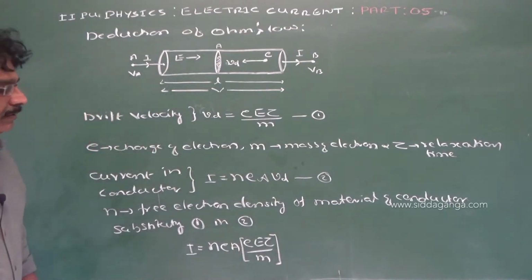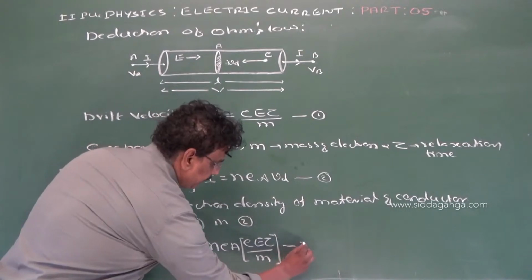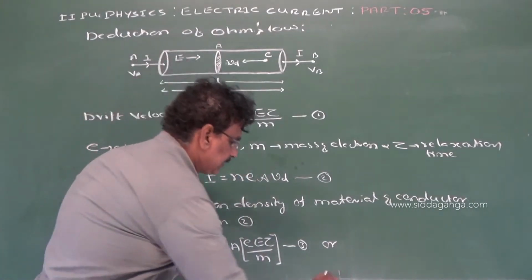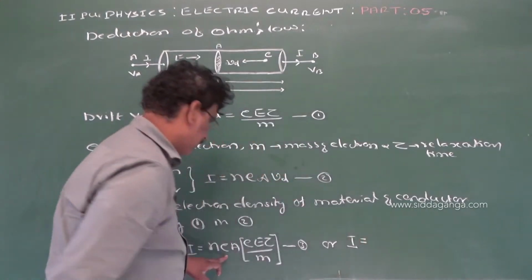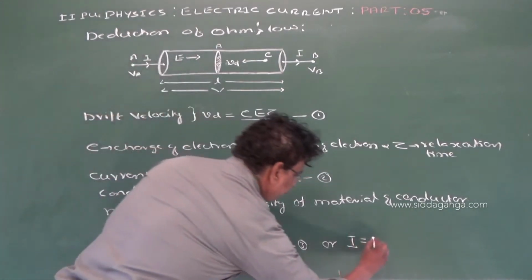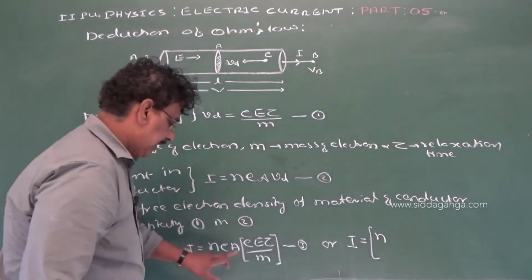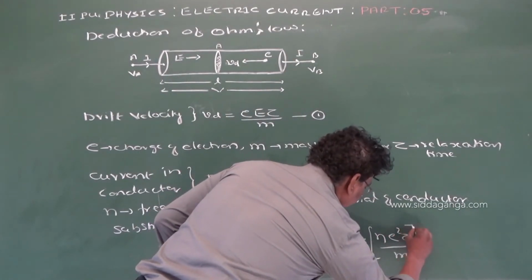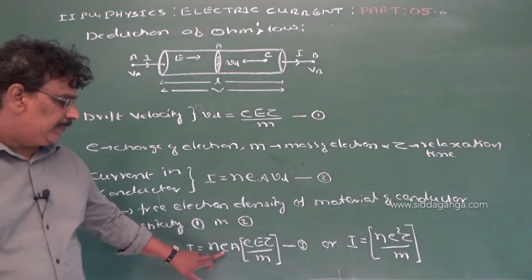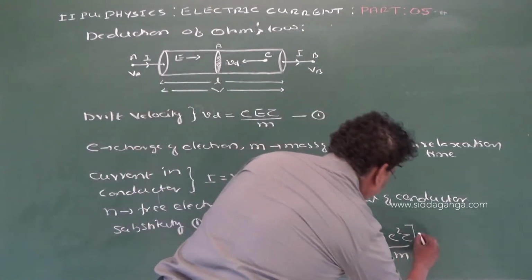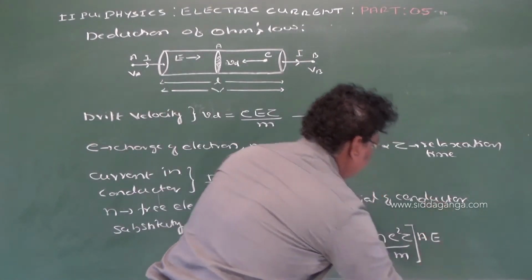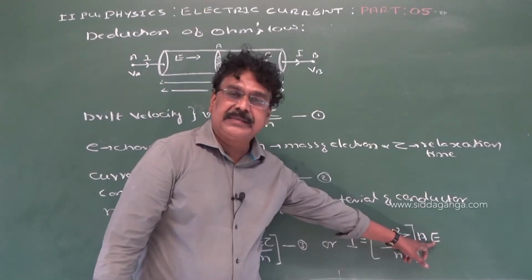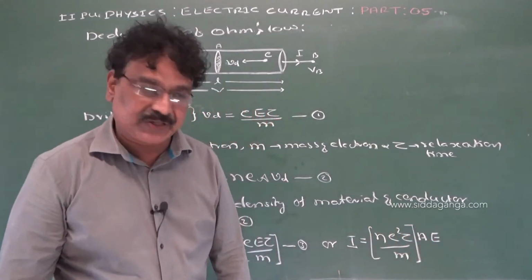This is equation 3, or we can write this as I is equal to n e square tau by m into A into E, where E is the electric field and A is the area of cross section of the conductor.